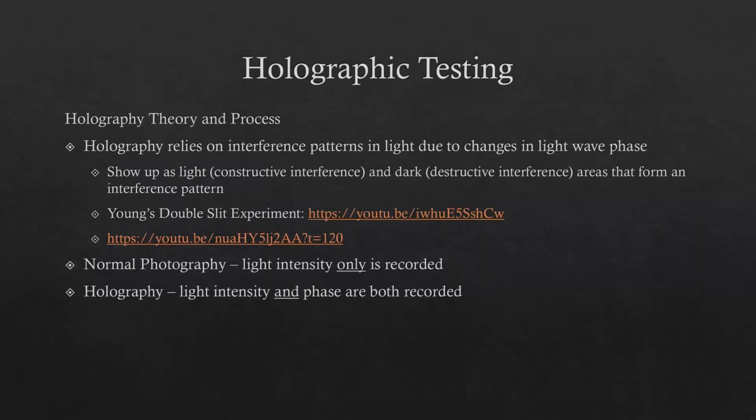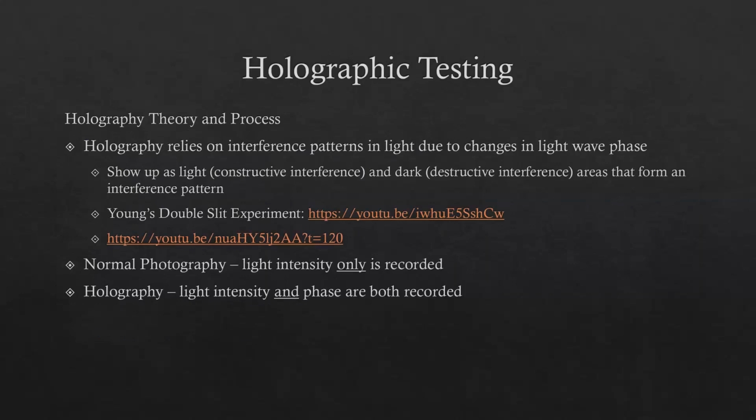The way holography works is we're looking at things called interference patterns in light. You're all familiar with light being described as a wave. Many of you have probably heard of the duality of light, particle-wave duality. We're looking at light from the wave perspective right now.